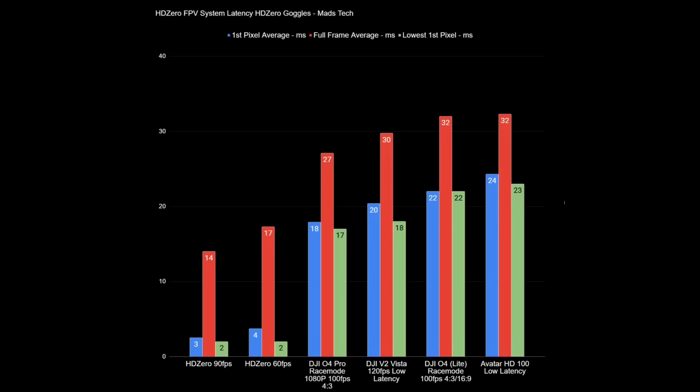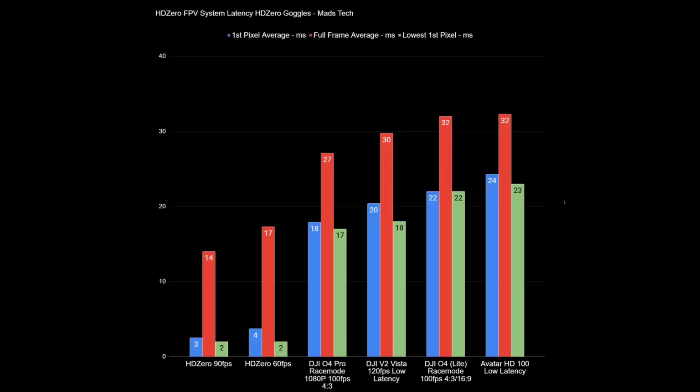If you look here, you can see whilst DJI have got it basically the same, as I said earlier, as the V2 goggles in 120 frames low latency mode, HD0 is still a country mile ahead. Their first pixel latency with the Nano 90 camera is as low as 2 milliseconds, full frame 14 milliseconds. That full frame is lower than the first pixel latency even on DJI O4 race mode.